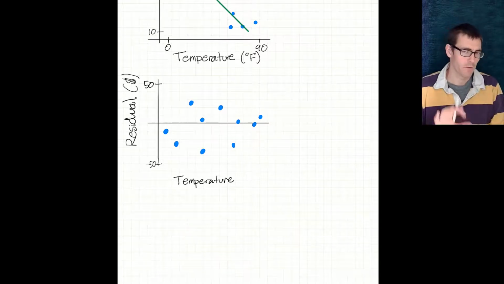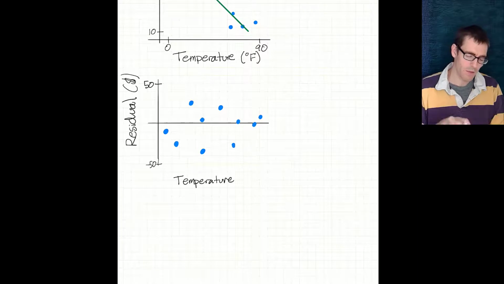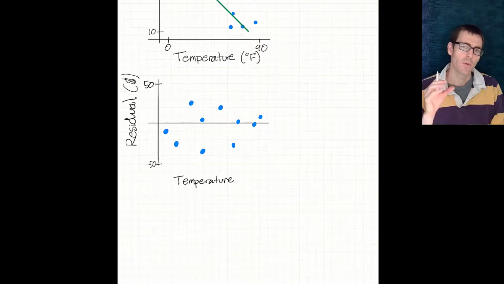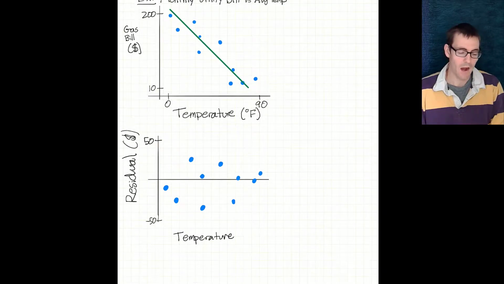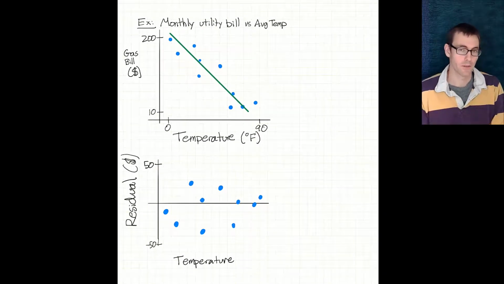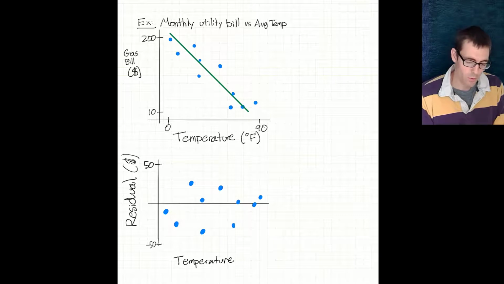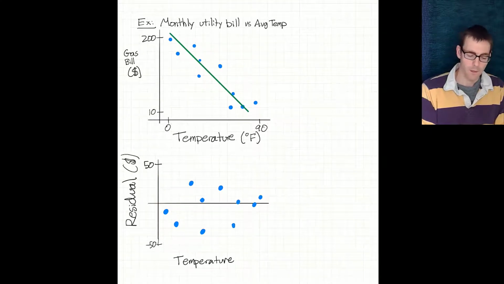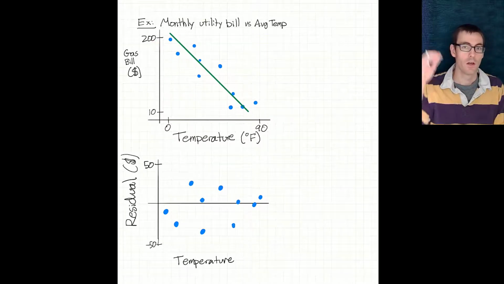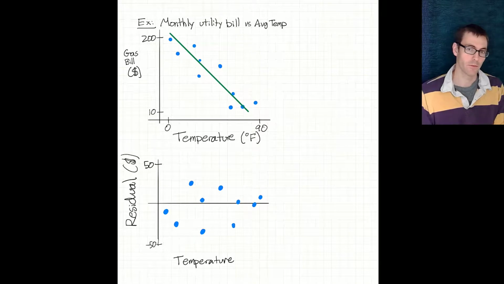Another reason that we're talking about residuals right now is that by looking at the residual graph, we can appreciate how good a model our linear regression line is. Namely, we're going to compare the standard deviation, or more generally the variance, of the residual distribution versus that of the gas bill distribution, the original response variable distribution.